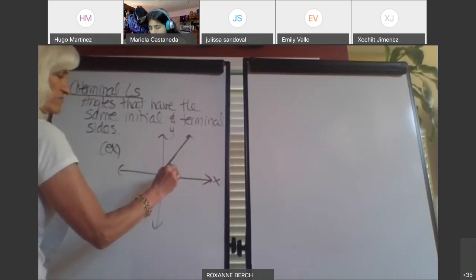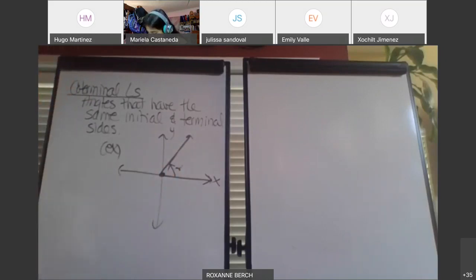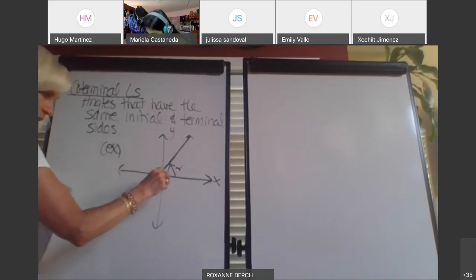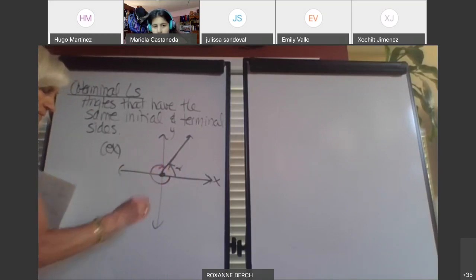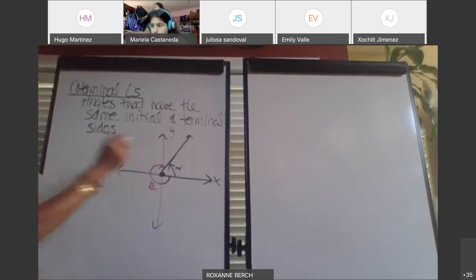I'm going to call it alpha. If I draw another angle with the same initial and terminal side like that and call it beta, those are coterminal. The reason why is because they have the same initial and terminal sides.